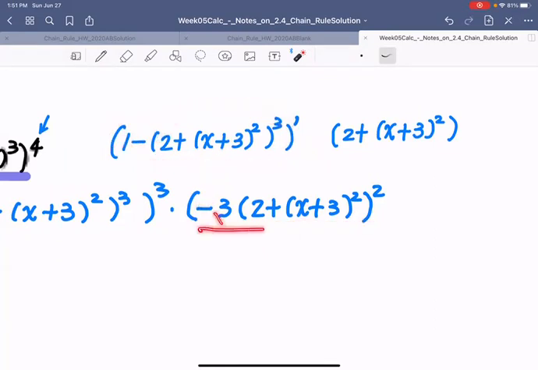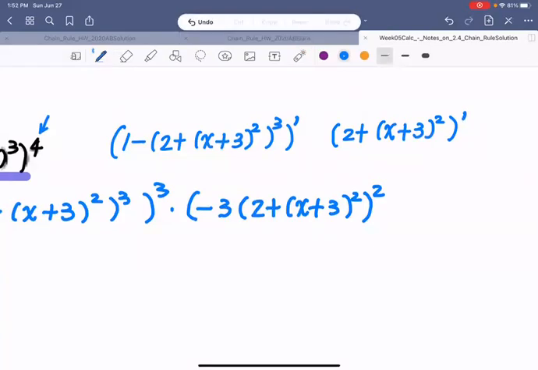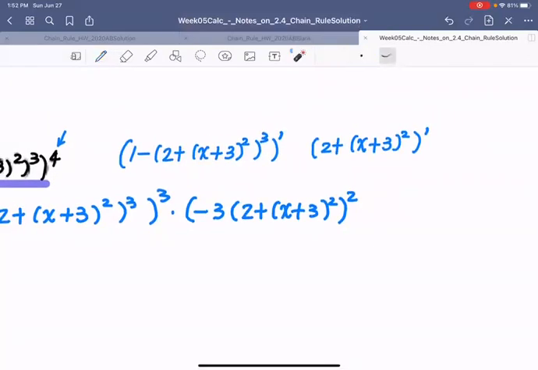And then the inner layer, you take care of this one, and the next layer is this one. So you want to do this one's derivative. That derivative is 0. This derivative is 2 times x plus 3 to the power 2 minus 1. Okay, that's it.